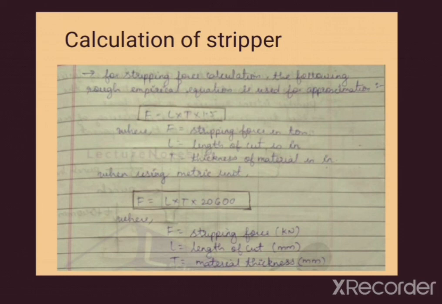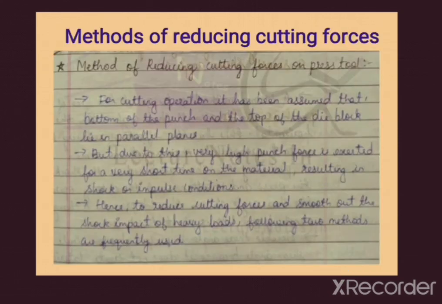These are the empirical equations used for approximation to calculate stripping forces. So this is about stripping force. Using the stripping force, we will solve some problems in the next lecture.